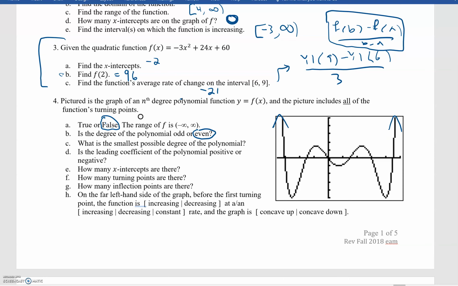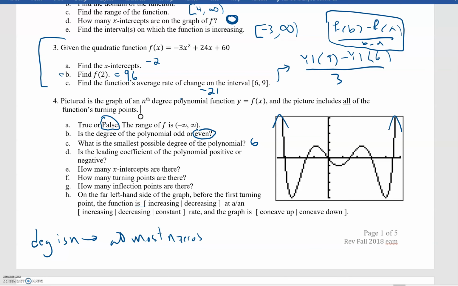Let's say this: if the degree of the polynomial is n, it can have at most n zeros. That's the statement. So this guy has 1, 2, 3, 4, 5, 6 zeros. So the smallest possible degree of this would be 6. Okay.